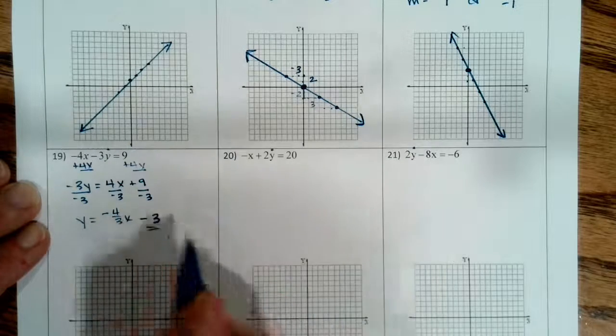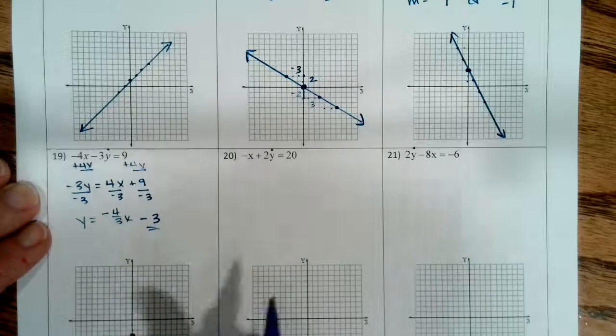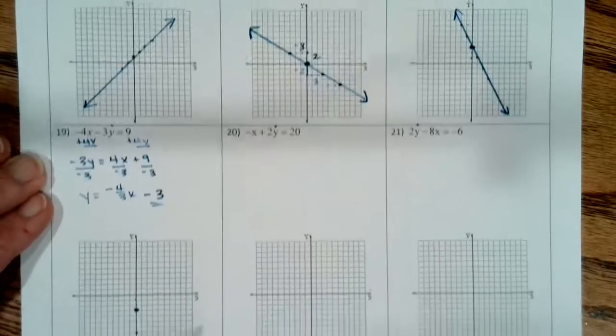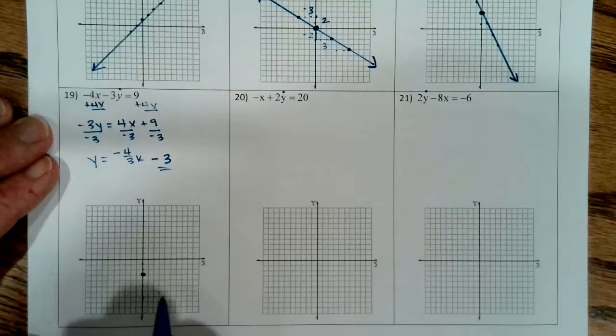We'll start here at my y-intercept. 1, 2, 3. And I need to count a fall of 4, 1, 2, 3, 4, for every positive movement of 3.